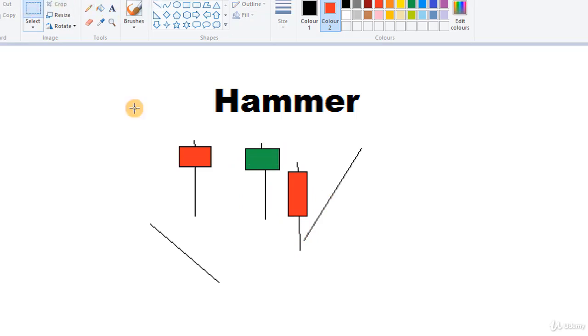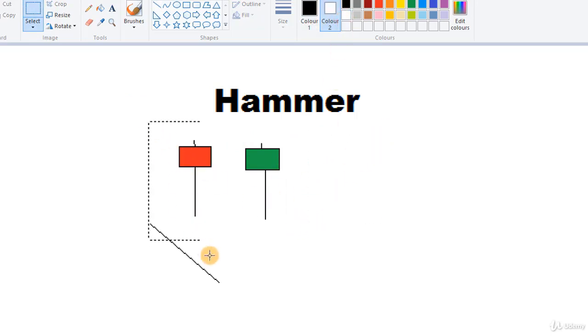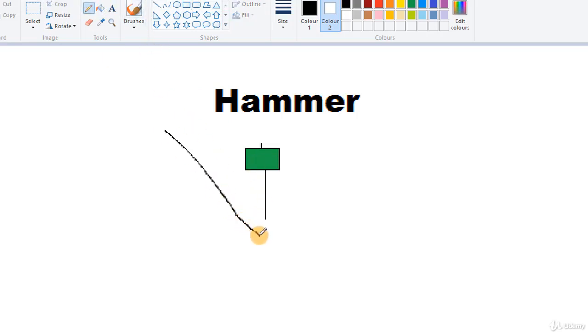And let's go with the hammer. So to avoid confusion, let me delete these candles here first of all. Okay, and let's just avoid the color basically. Let's think now this is a hammer. A hammer is always found in the downtrend, and let's say the trend is down here and we got the hammer.